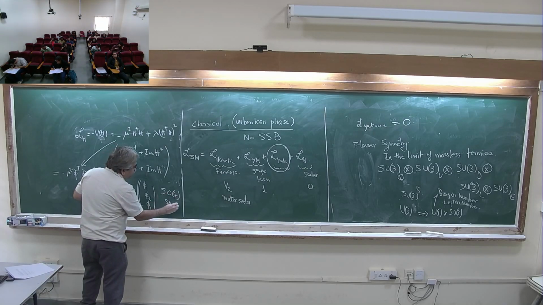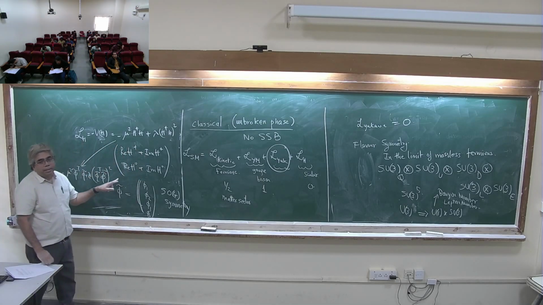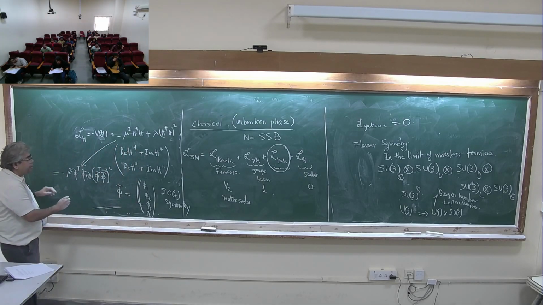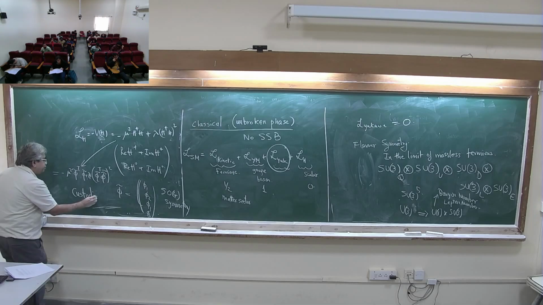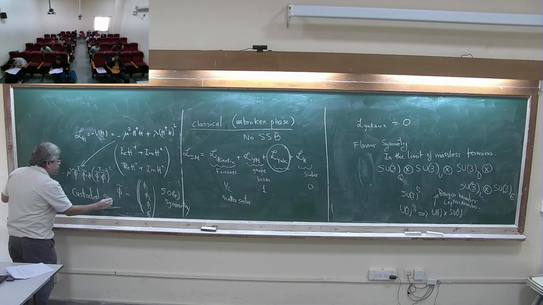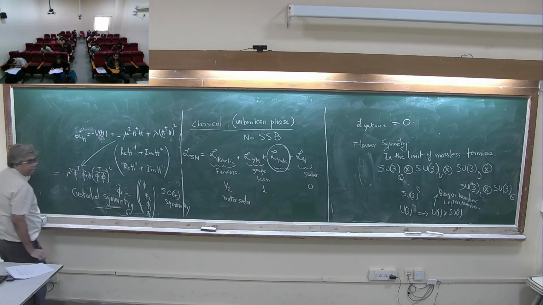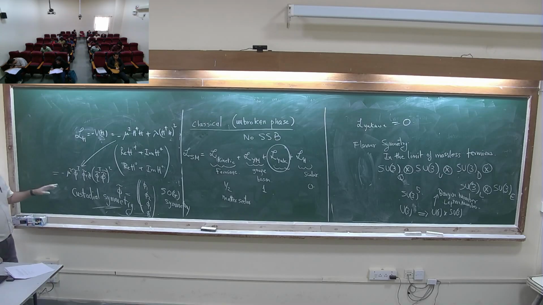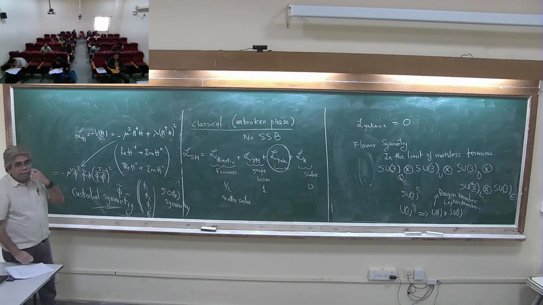This has a very important thing, and you will see this plays a very big role in many cases, which is called custodial symmetry. So the standard model Higgs has a custodial symmetry.